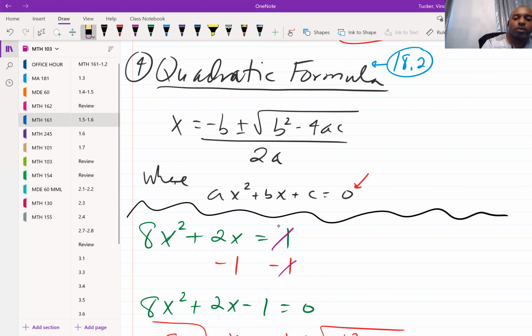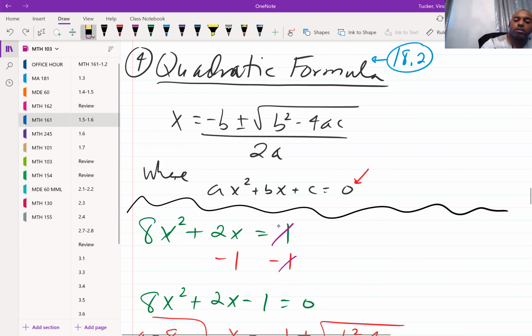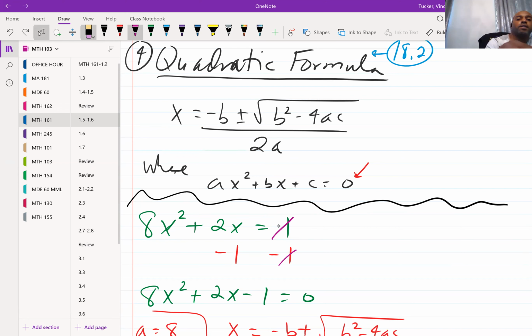So the first example, 8x squared plus 2x equal to 1. First thing we want to do, once again, is to set one side equal to 0. So we will bring the 1 over by subtracting 1 from both sides.